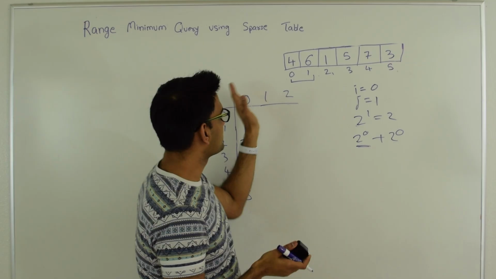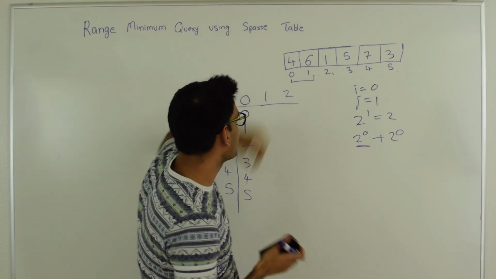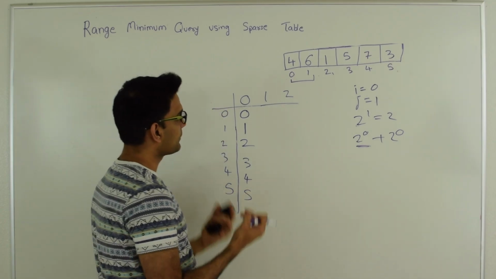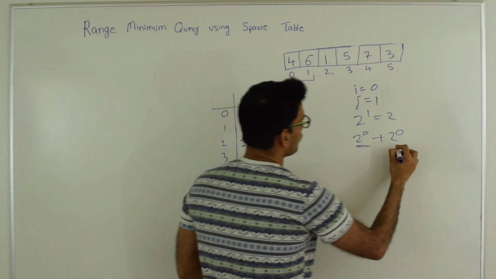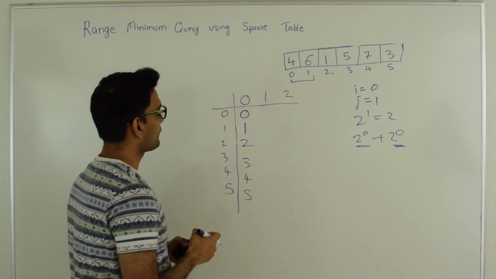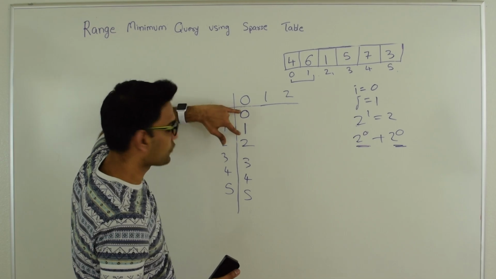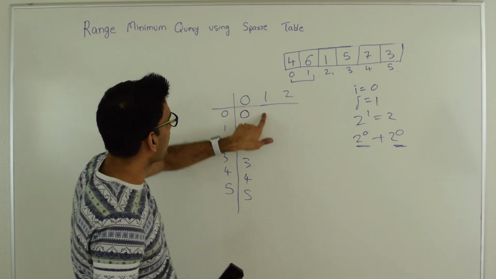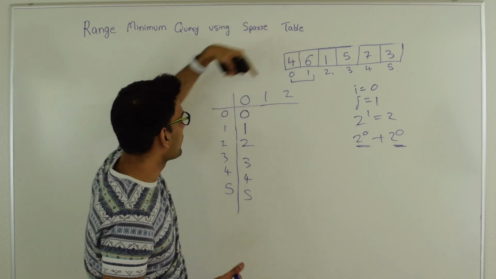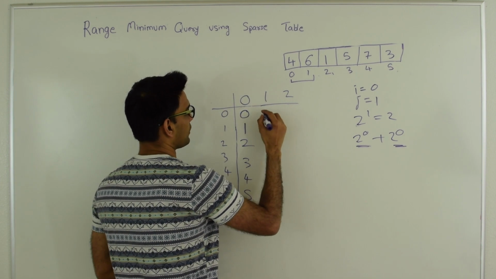And then if we skip that many elements, so move forward by one element, at 6 also I have already calculated the minimum of next 2 raised to 0 element, and that value is here. So effectively we are just looking for the minimum of value stored at index 0 and 1 while filling this value. So value stored at index 0 is 4, value stored at index 1 is 6, minimum of those two is 4, index of 4 is 0, so this value becomes 0.